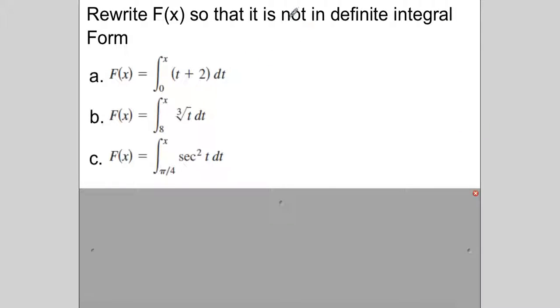So to start, pause the video here and first just evaluate this so that it's no longer in this definite integral form.